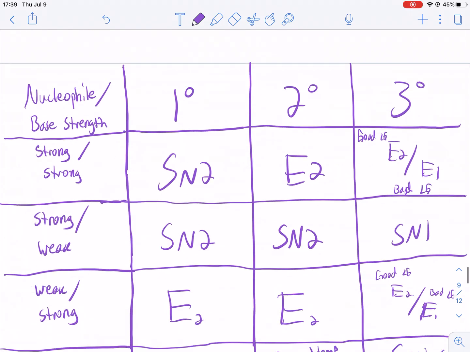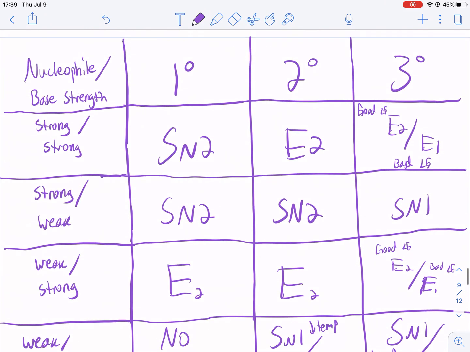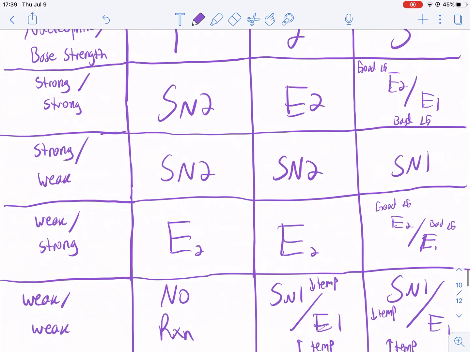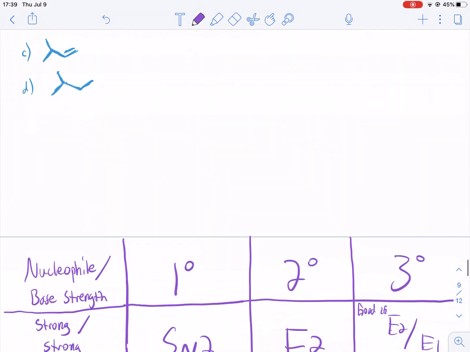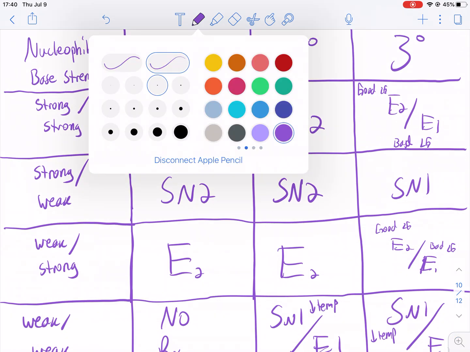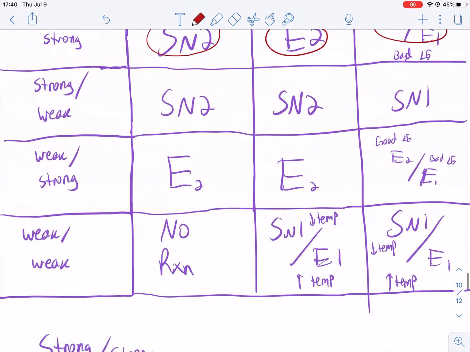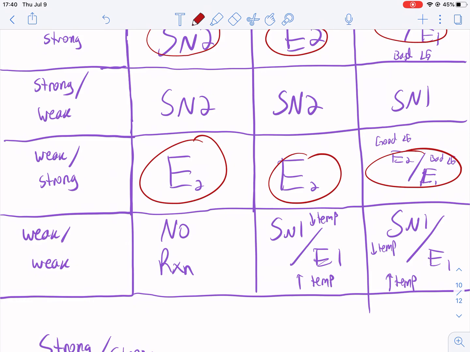If you look, not every time there's a strong base, but here we have a strong base here, here, here, here, and here.